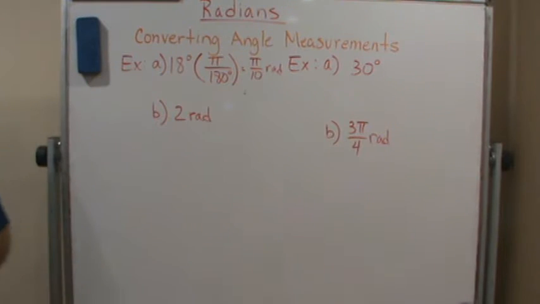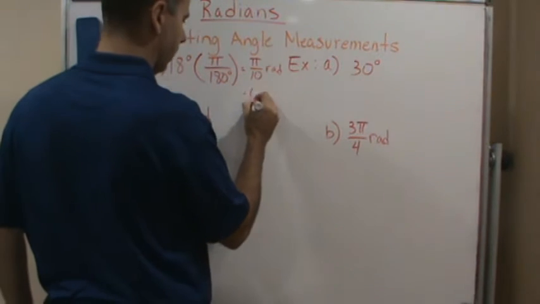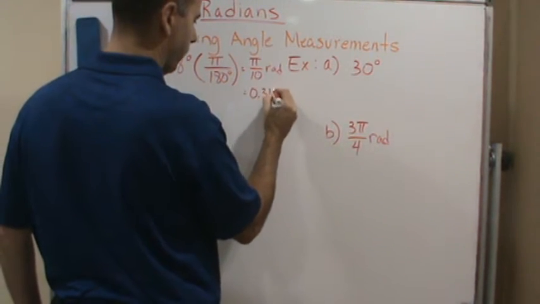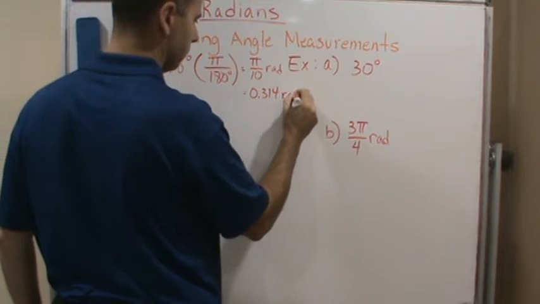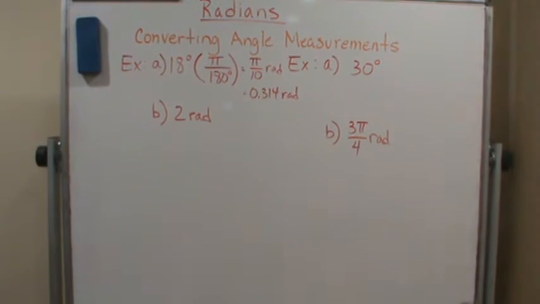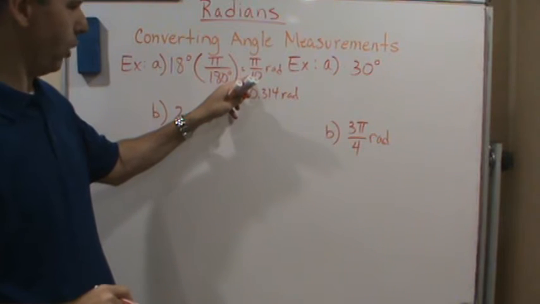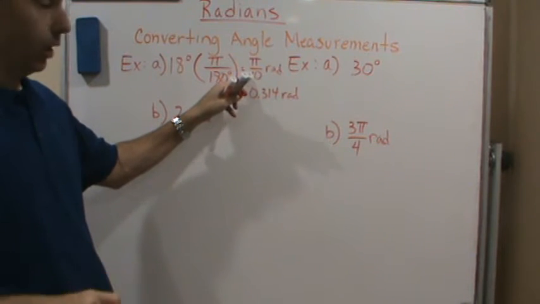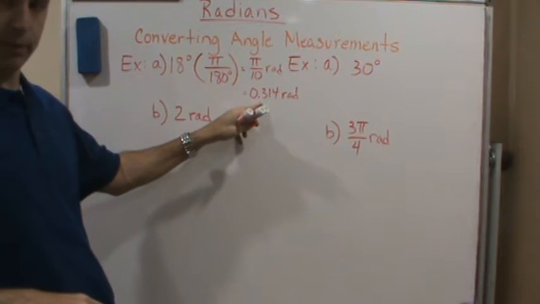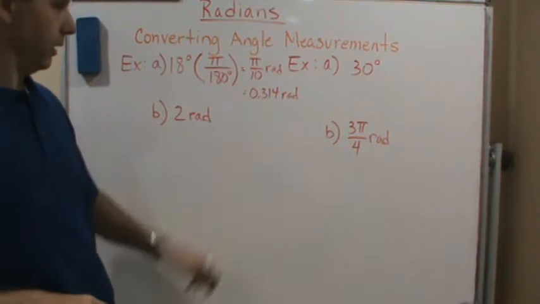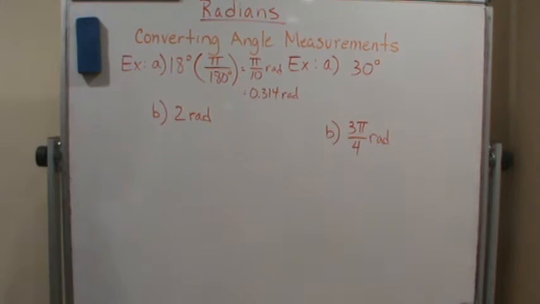But if you wanted to estimate it, you would estimate it by approximately 0.314 radians. So you can leave it in exact form if asked to, or you can write it in approximate form by rounding to a certain number of decimal places.